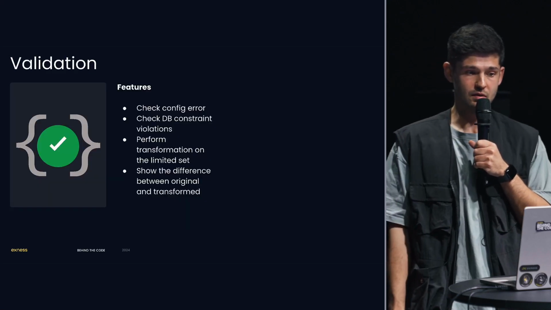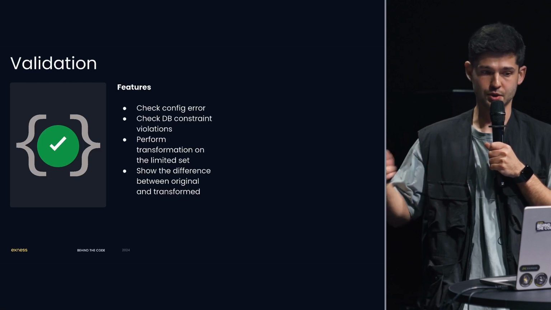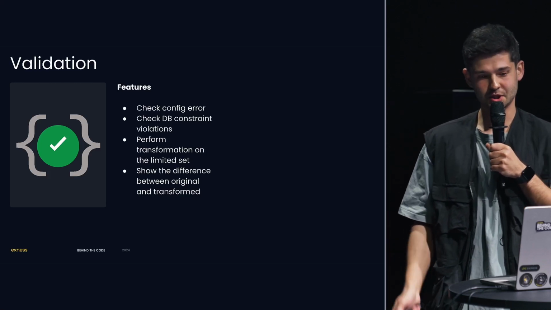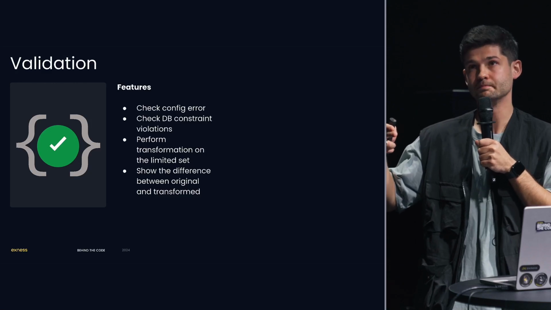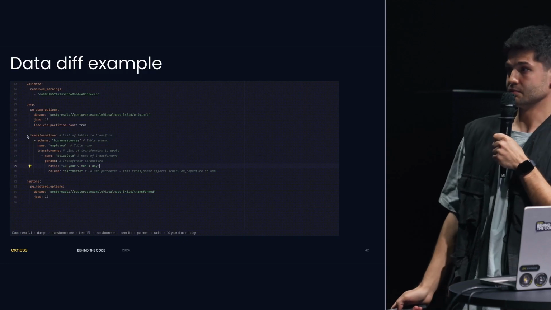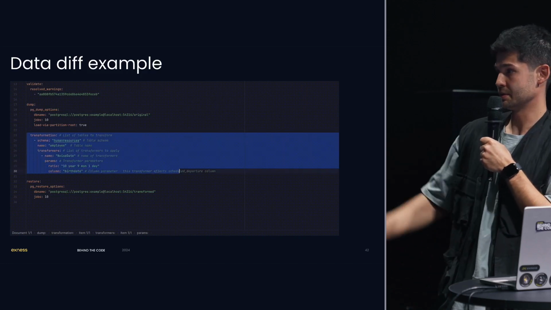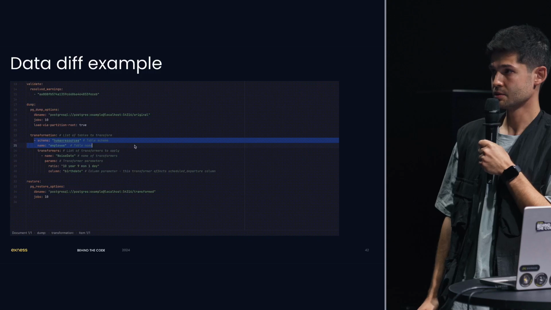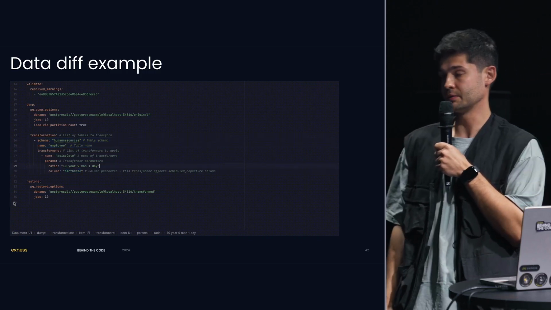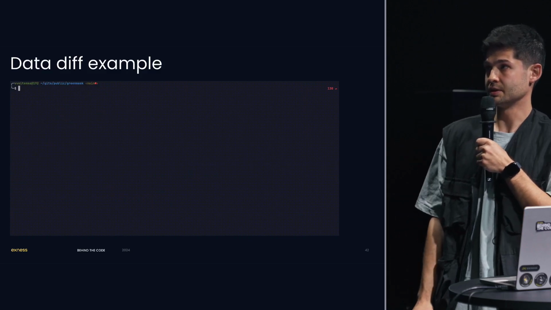Another thing is validation. Validation is an interactive command that allows you to see the result right now. So there is a short demo. We have a table, we have one transformer, and we have to apply it.